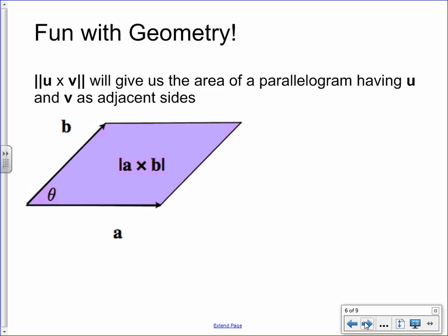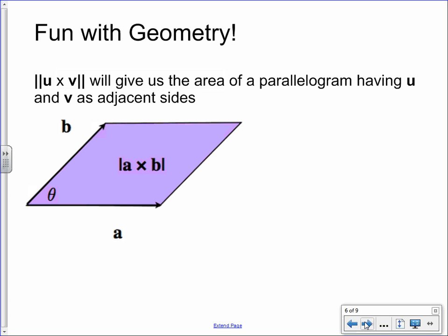The magnitude of U cross V will actually give us the area of the parallelogram if U and V make the adjacent sides of our parallelogram. Is this supposed to be the absolute value of A cross B as well?